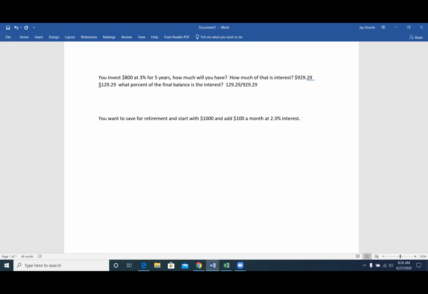Let's say that you're an old person, so you have 15 years till retirement. How much will you have? Here's the answer: not enough.